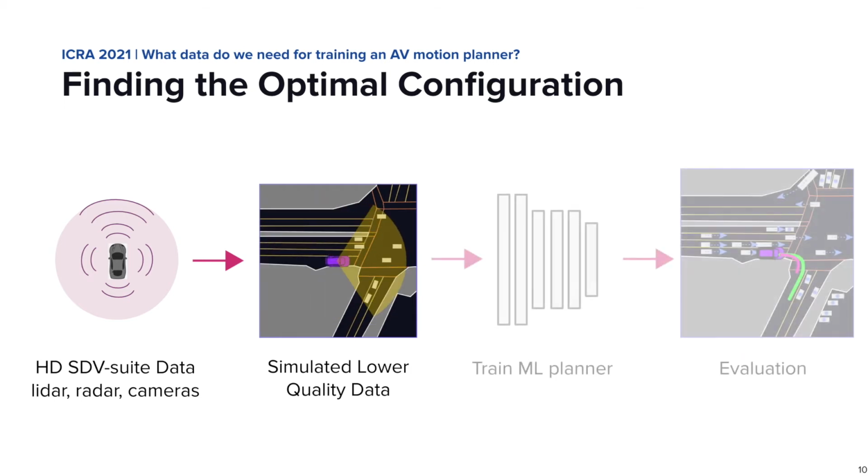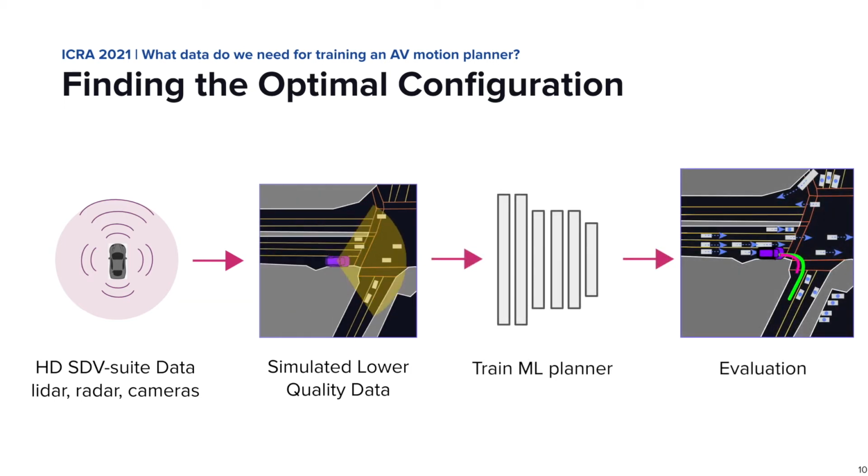After that, we train machine learning planner models using the simulated datasets and evaluate the performance using the test data from self-driving vehicles. This pipeline saves us lots of time and effort collecting data with different sensors and also has the advantage of controlling the only variable to be the quality.